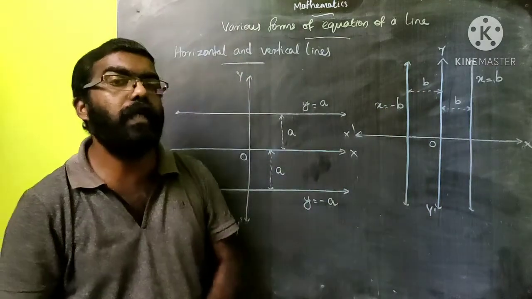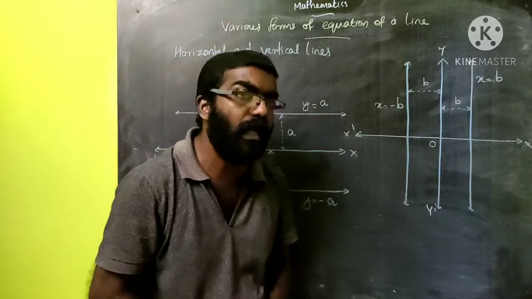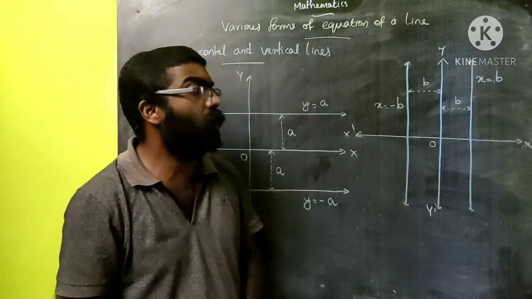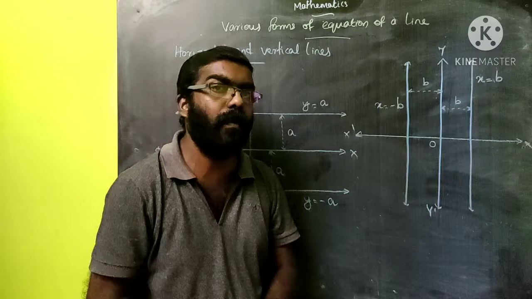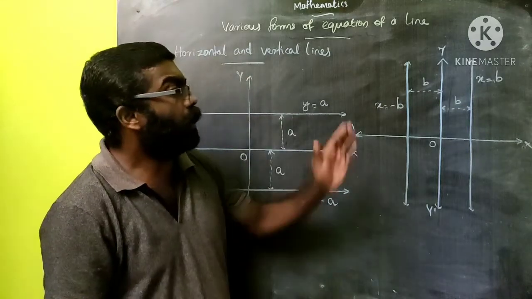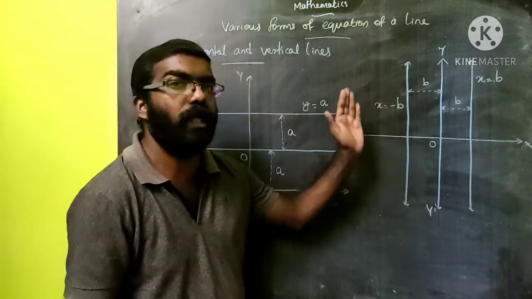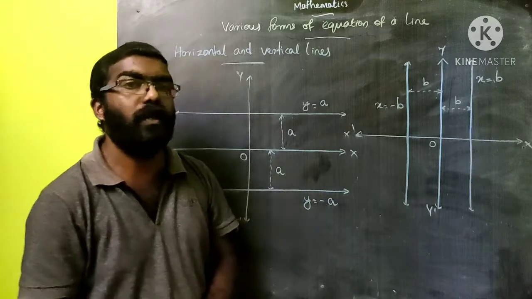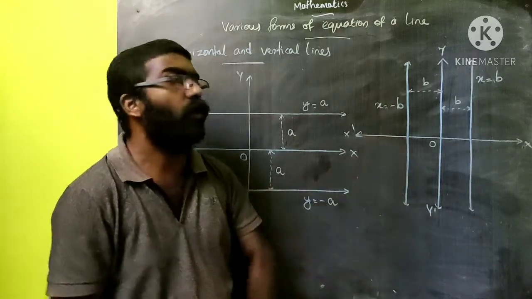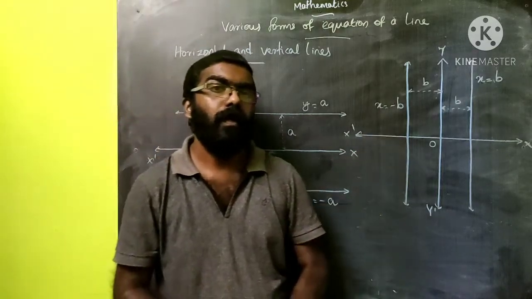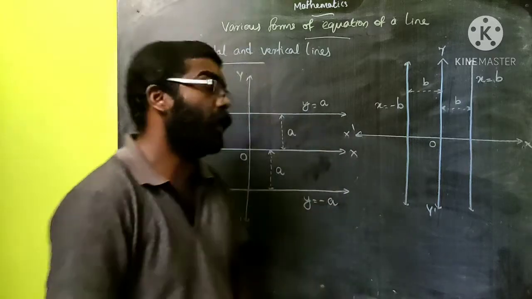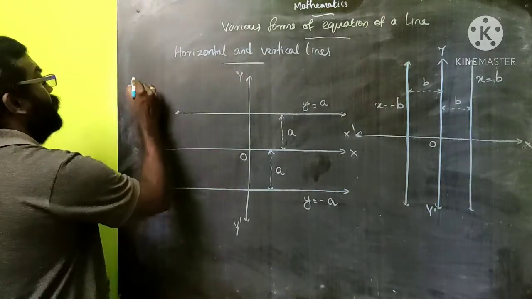So x equal to b is the equation of a line which is parallel to y-axis, or we can say it will be a vertical line. Okay. And if the position of the line is on the left side of y-axis, then the equation will be x equal to minus b. Here one more point you have to keep in mind is equation of x-axis and y-axis.